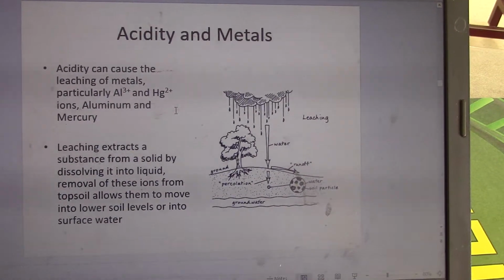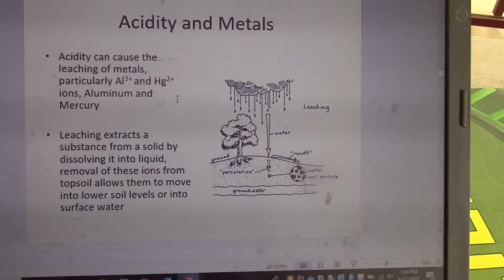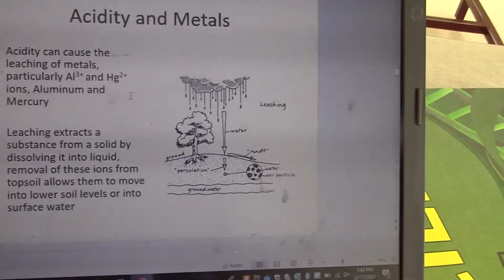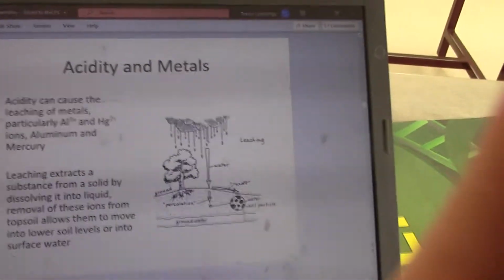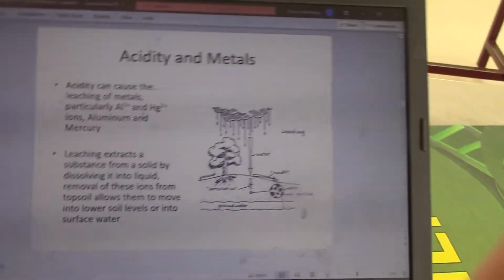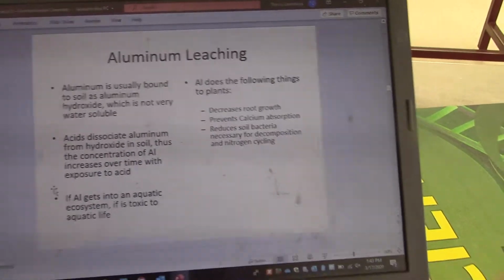And removal of these ions from topsoil allows them to move into lower levels or into surface water. And then so like mercury in the surface water itself will toxify groundwater. Aluminum and mercury are both known neurotoxins, so we don't really want that happening, obviously.